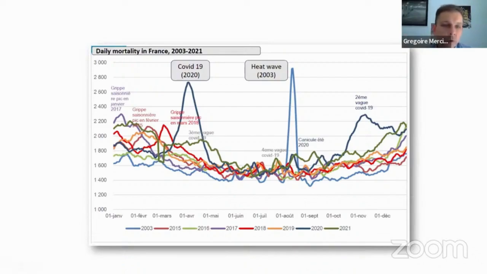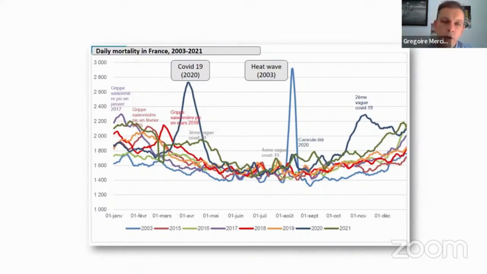And you can see two peaks here. The first one on the left is the increase in mortality due to COVID-19 back in 2020. But very interestingly, you can see on the right a different peak, which is actually higher. And so that's the increase in mortality due to a major heat wave in France more than 20 years ago.